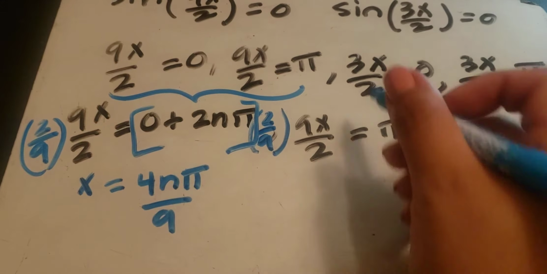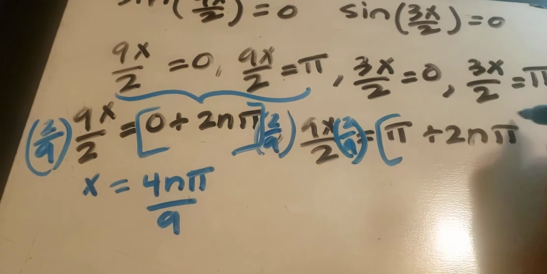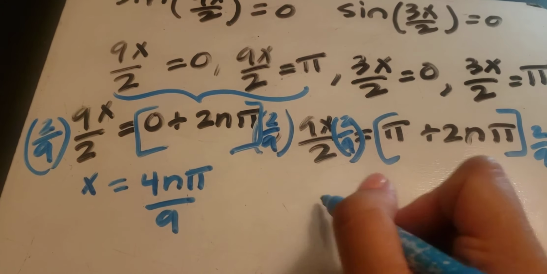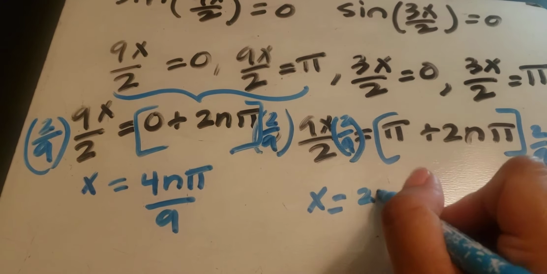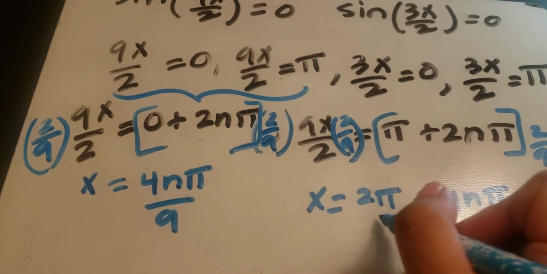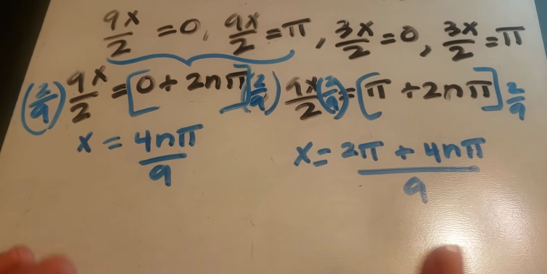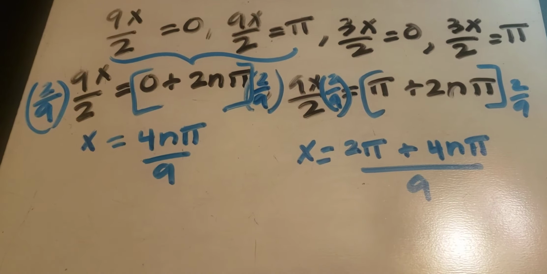So I'm going to multiply by 2/9 to the left-hand side, and I'm going to multiply it to the right-hand side. So if I solve for that one, I'm going to end up with (2 pi plus 4n pi)/9. Okay, so I want to find all solutions between 0 and 2 pi.